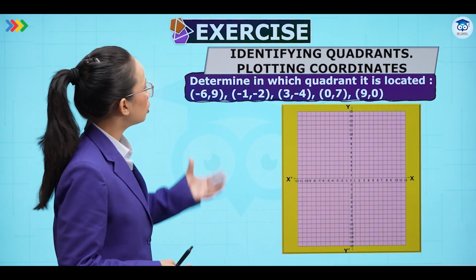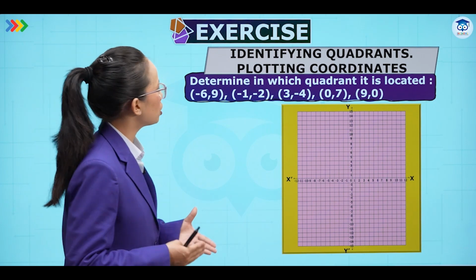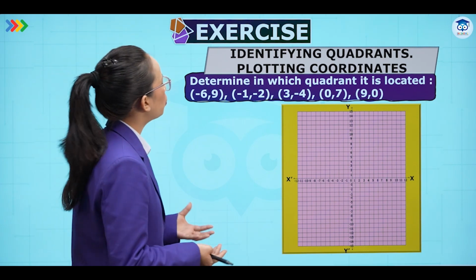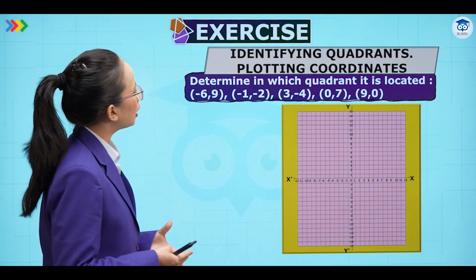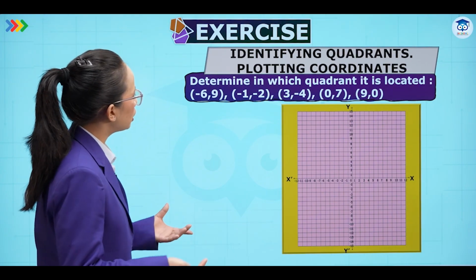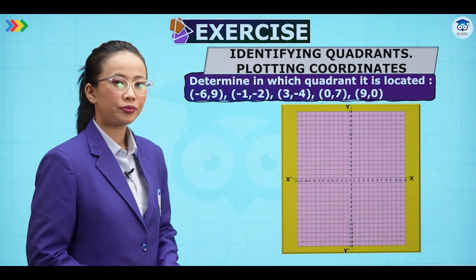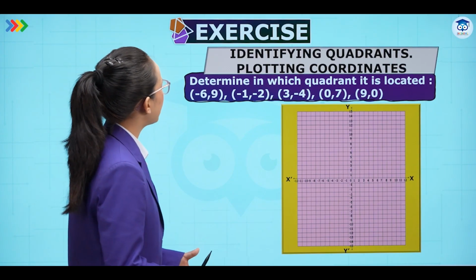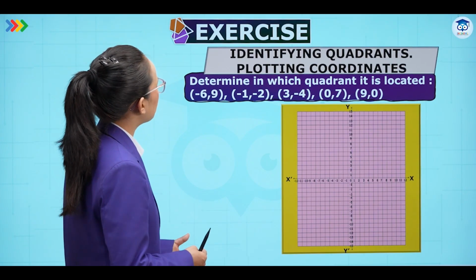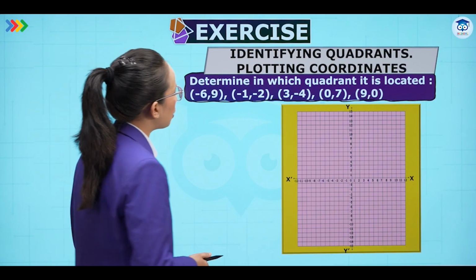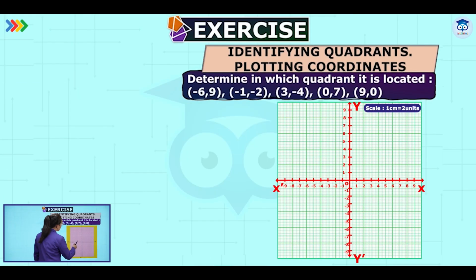So now, using this knowledge, let's plot a few points. Identify the quadrants by plotting the points, right? So the first point is minus 6 comma 9. We will move 6 steps here, so minus 6 is there and then 9 will go up.